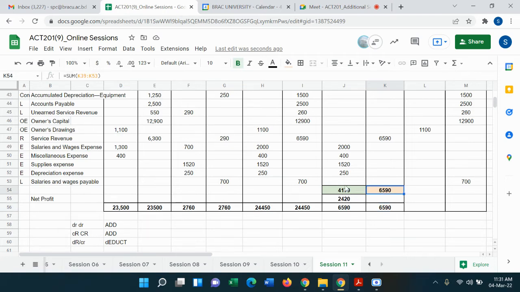The difference is the difference of revenue and expenses, which is known as profit or loss. Here revenue is higher than the expenses, that's why it's a profit. Have you got it? Is it clear, or should I explain it in another way? Does anyone have any confusion?